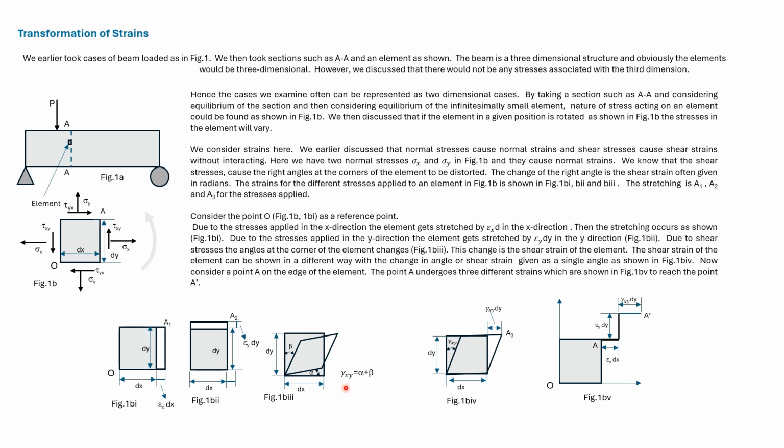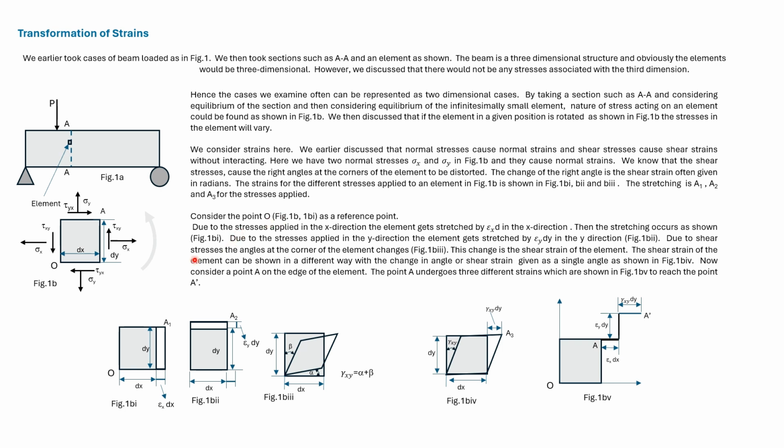So the shear strain is the change in angle and equal to alpha plus beta. In this diagram, we have rotated the element, so the change in angle is shown on one side. The change in length will be gamma xy dy. So the point A due to shear has moved to A3.